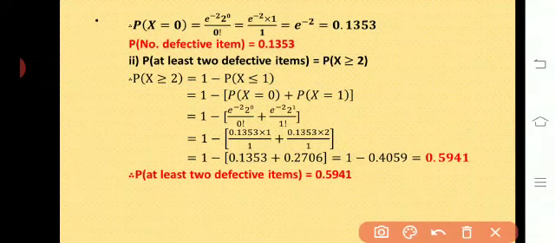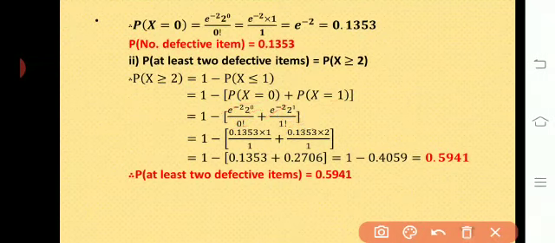That is nothing but 1 minus, probability of x equal to 0 plus probability of x equal to 1, which is equal to 1 minus, in the PMF put x equal to 0. You will get e raised to minus 2 into 2 raised to 0 upon 0 factorial, plus put x equal to 1, that is e raised to minus 2 into 2 raised to 1 divided by 1 factorial.